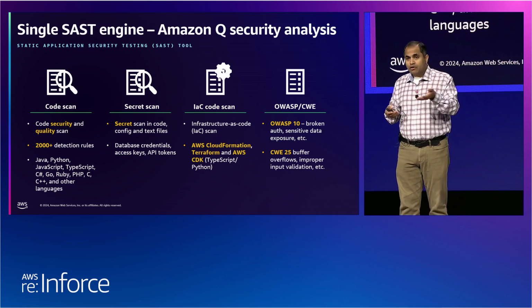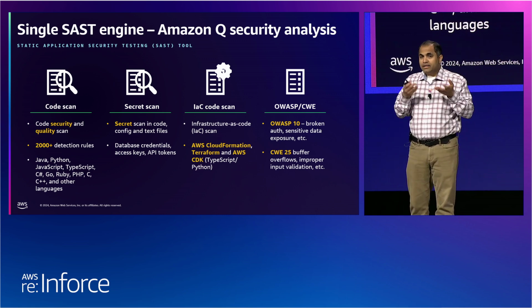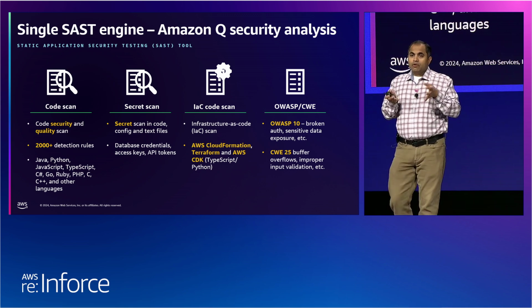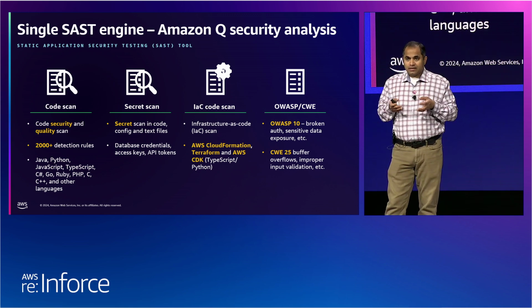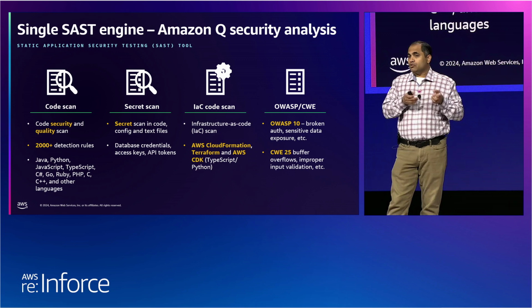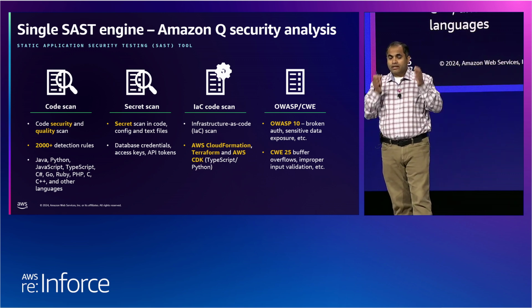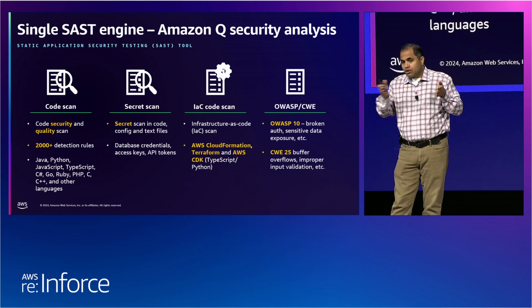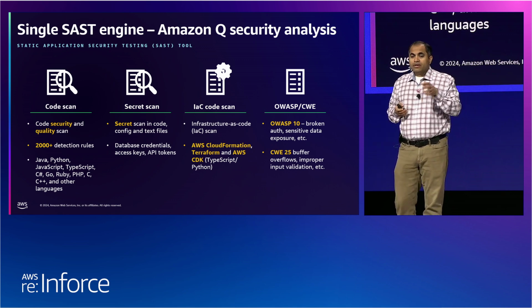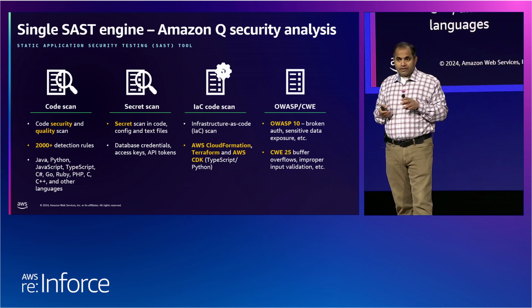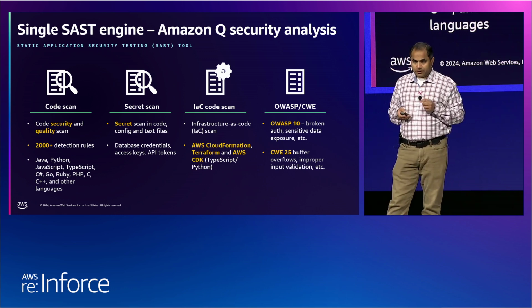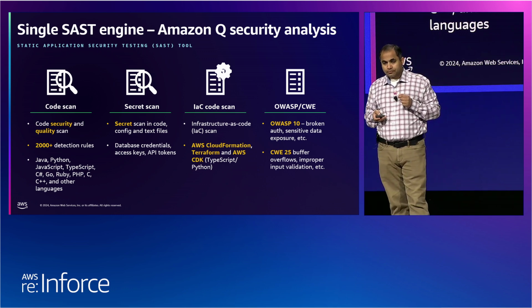And there we have CloudFormation, Terraform, CDK. There are many different frameworks. So we have also integrated IaC, or infrastructure as code, scanning into our code scanning engine, so that it is a one-stop shop that can help you detect issues in all different use cases. We cover the OWASP Top 10 vulnerabilities, and also the CWE Top 25 vulnerabilities as part of our detection.